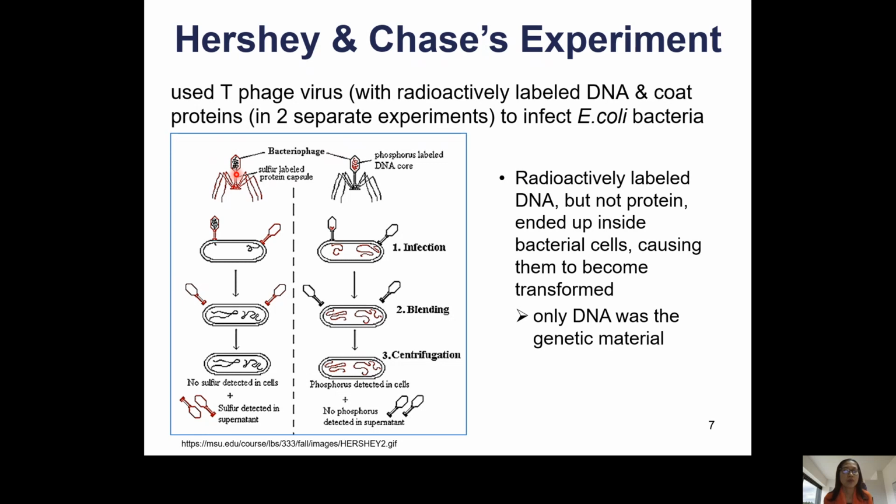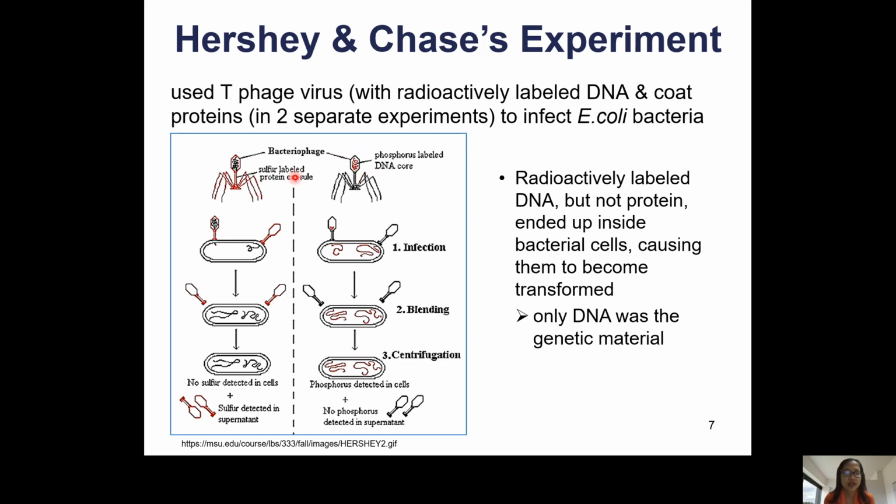It's a kind of molecular label that allows you to track the compound in the cells. The second one is the DNA phosphorus. The DNA of the virus was labeled, a phosphorus-labeled DNA core. So the phosphorus on the DNA was labeled.